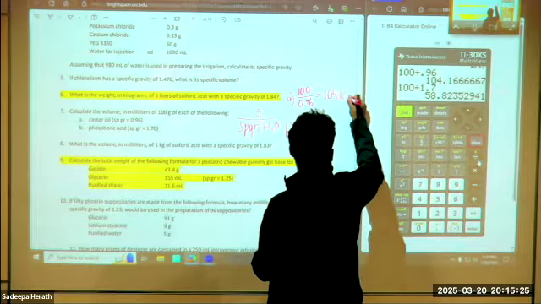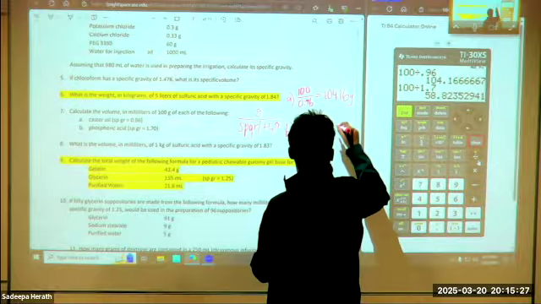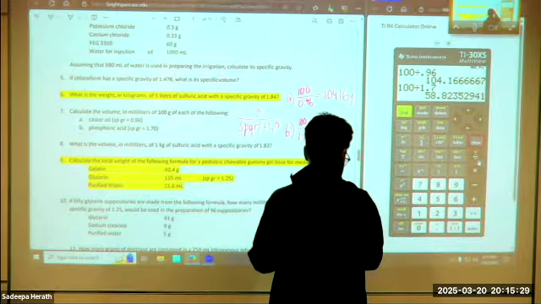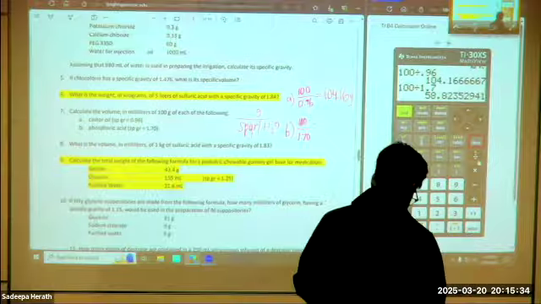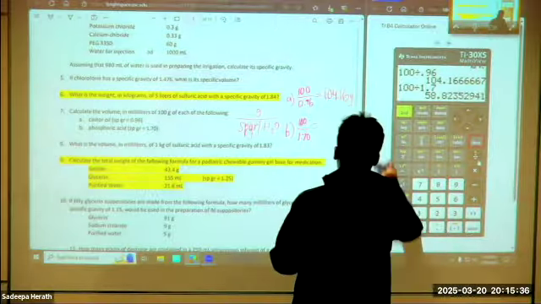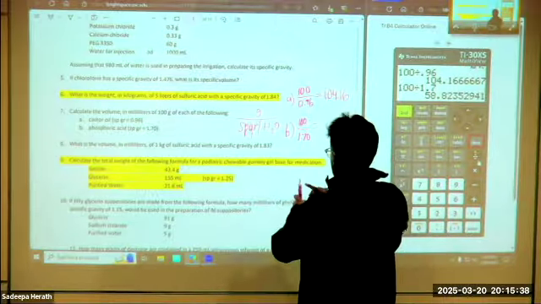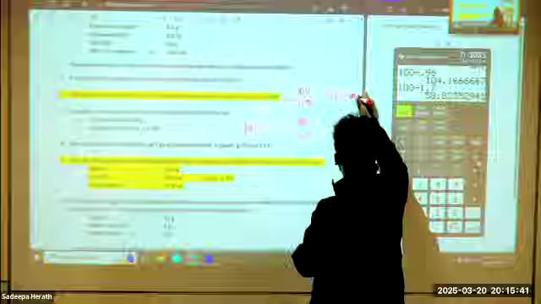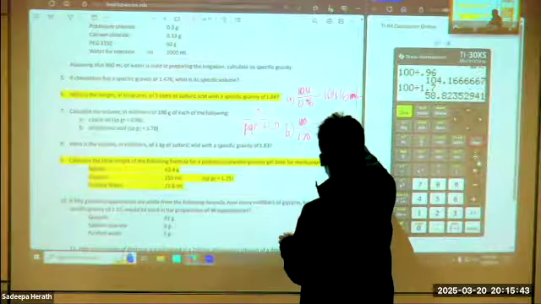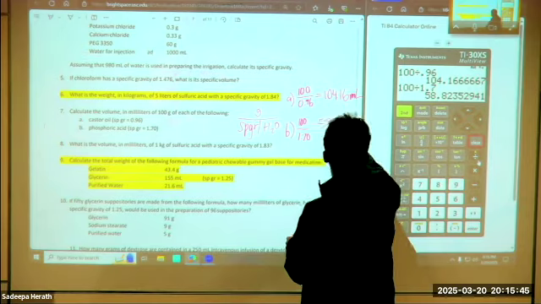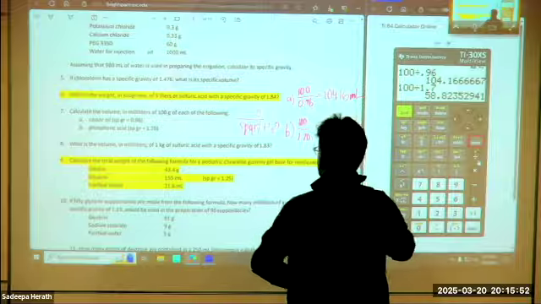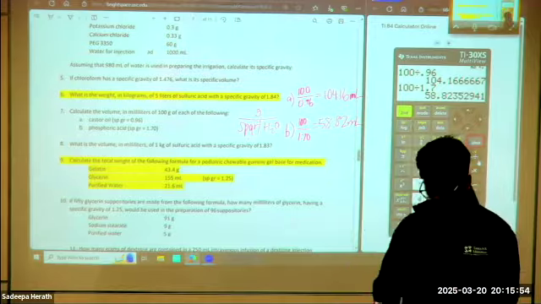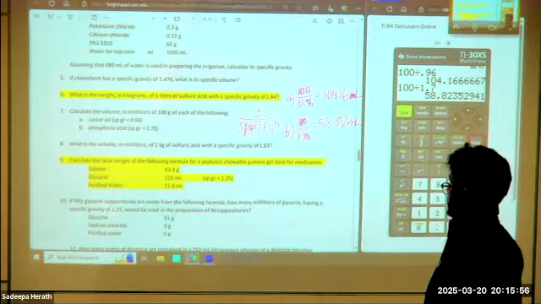Again, I'm not going by sig figs for these problems. 104.16 ml and 58.82 ml.